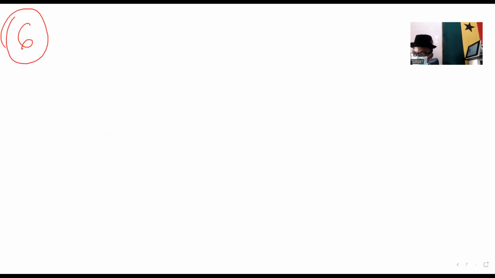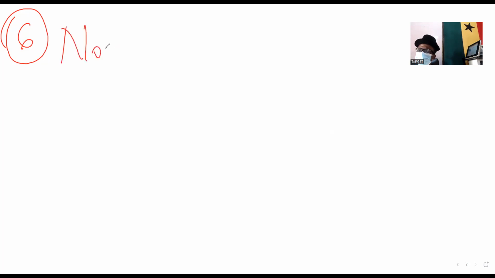Number 6, let me add this. It's very important. Non-current assets that are to be abandoned. The entity shall not classify as held for sale a non-current asset that is to be abandoned. So please take notice of that.